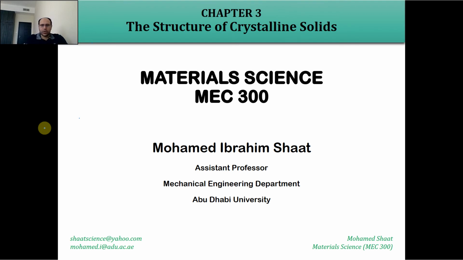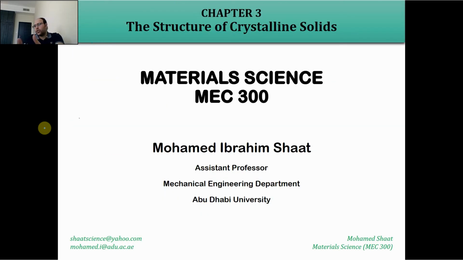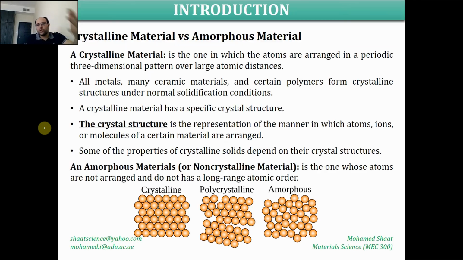Make sense? So, the first thing we should understand here is the difference between crystalline material and amorphous material. Since the title of this chapter is crystalline solid, we should understand what a crystalline material means in general, whether solid or liquid, but the focus is going to be on solids.